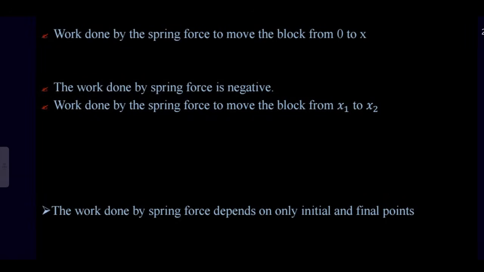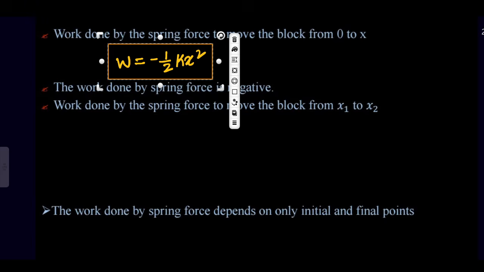Next, work done by the spring force. The work done by the spring force is W equal to minus 1 by 2 kx square, where k is the spring constant and x is the elongation or compression.